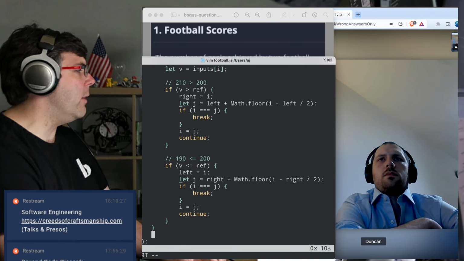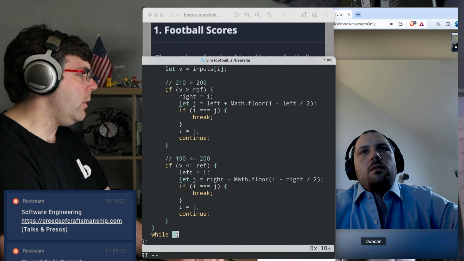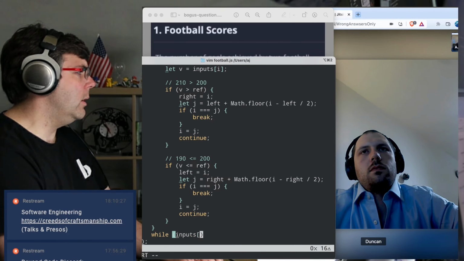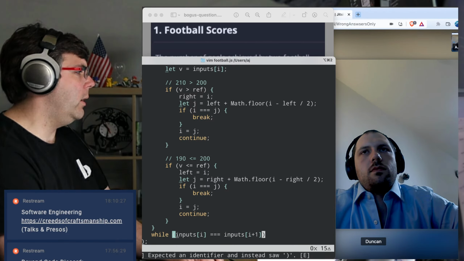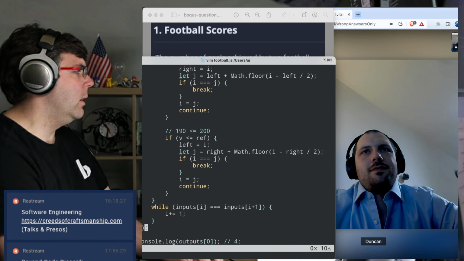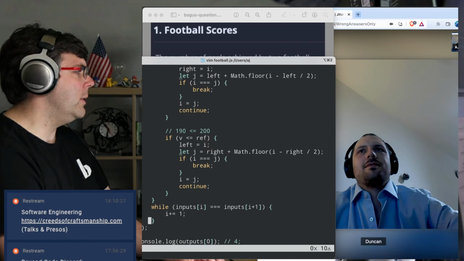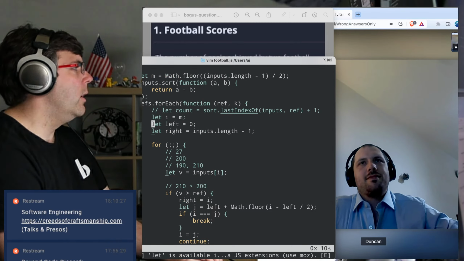And then once we've broken out of this loop, what I would do is say while inputs I is equal to inputs I plus 1, I plus equals 1, and then this number would be what goes in our outputs array.